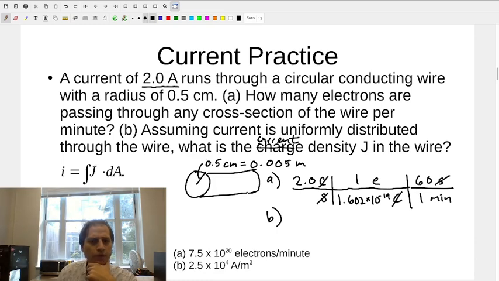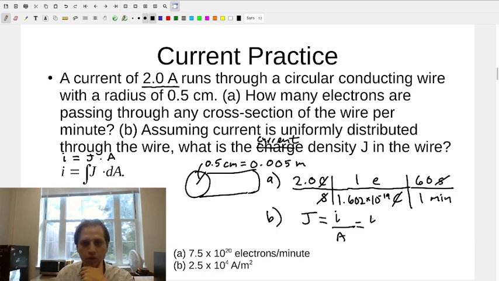Current density, if you have this whole surface having the same current density, this would just reduce to I equals J times A, or your J would be equal to your I over A, or it would be I over pi R squared in this problem.